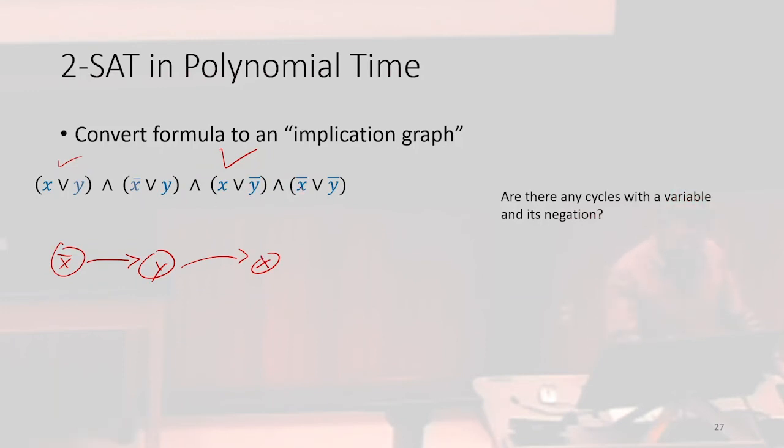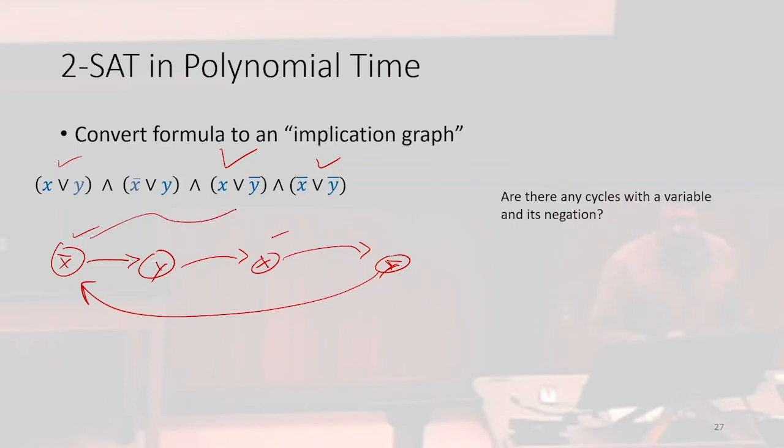If x is true, then that must have meant that y was false. But now this one says if y was false, then that must have meant that x was false. So now we have this cycle that has both x and x complement, so we're not going to be able to come up with any assignment that satisfies this. Basically, once I had satisfied these three clauses, there was not going to be any way I possibly could have satisfied that fourth clause.